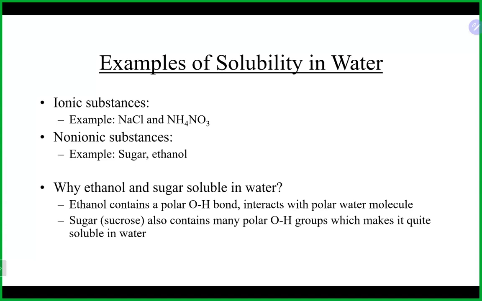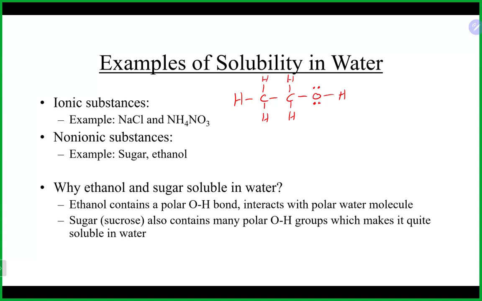We touched upon one in the last chapter, something like sugar or ethanol. Ethanol looks very much like the methanol that we saw in the previous chapter. It basically just has two carbons. But what redeems ethanol's ability to interact well with water is the presence of that polar bond.